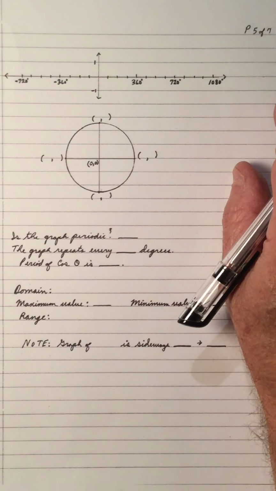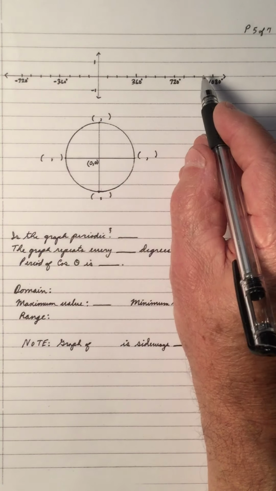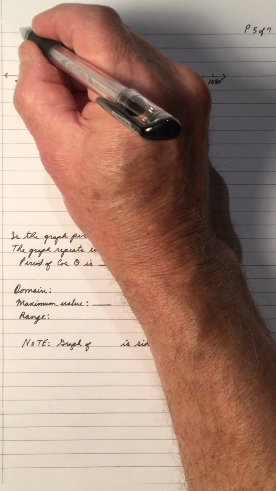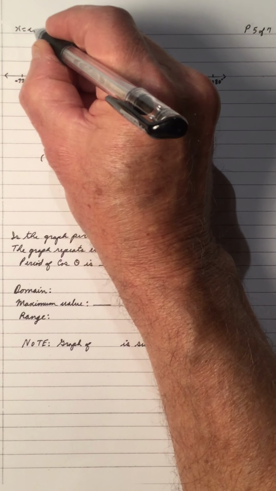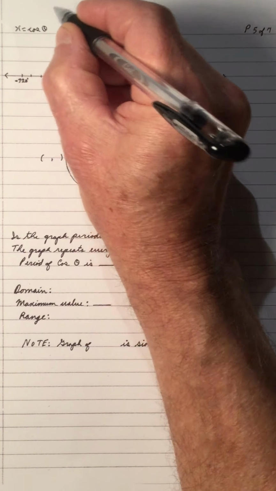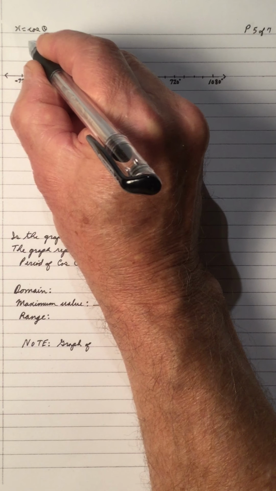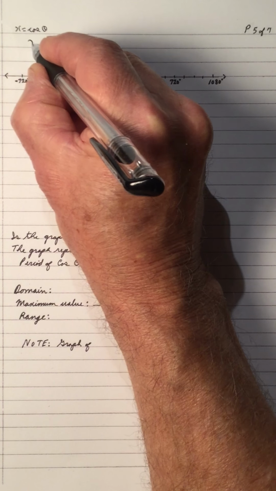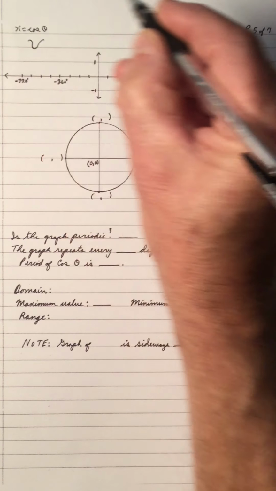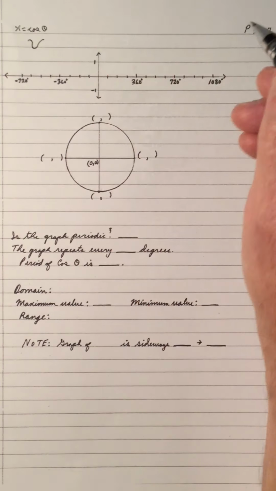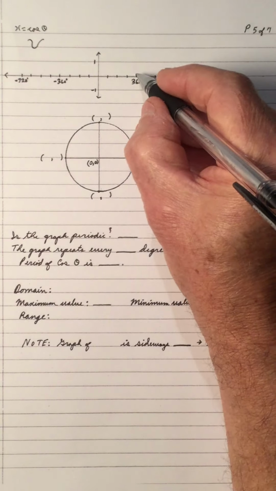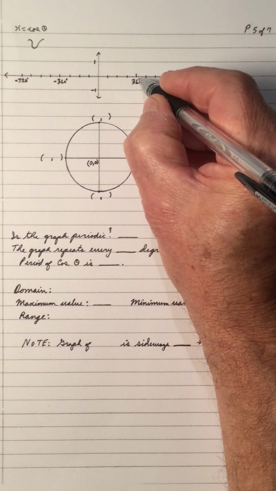Now let's look at x equals cos theta. Remember, a cos graph is a sideways C. So a cos graph is going to look like this, but that's when you look from 0 to 360.